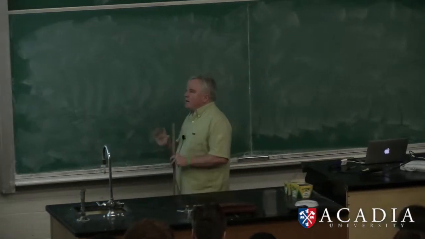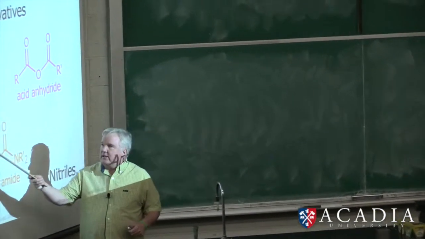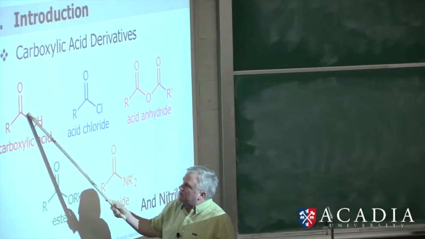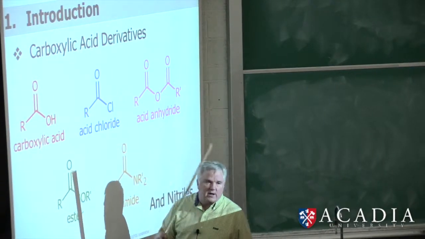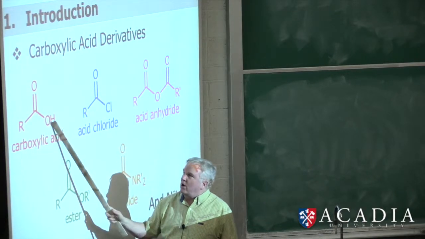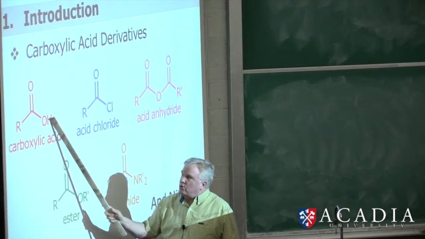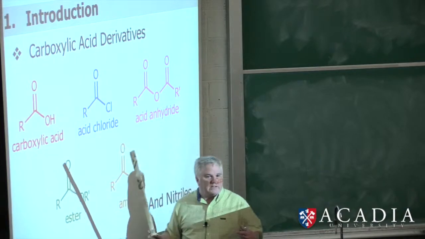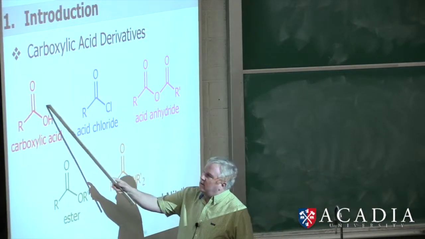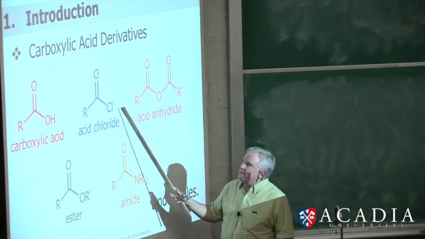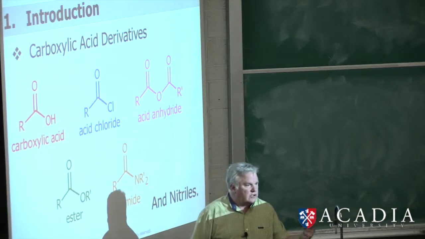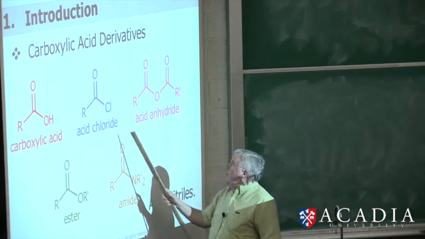So here are the different derivatives. This of course is a carboxylic acid, and it has this carbonyl group with an OH bonded to the carbonyl carbon. Because this is all electron withdrawing, and we'll see why, this proton is particularly acidic, at least relative to something like an alcohol. When we replace that group with another group, we can replace it with a chloride. Notice now, OH, you should be used to seeing OH minus, Cl minus.